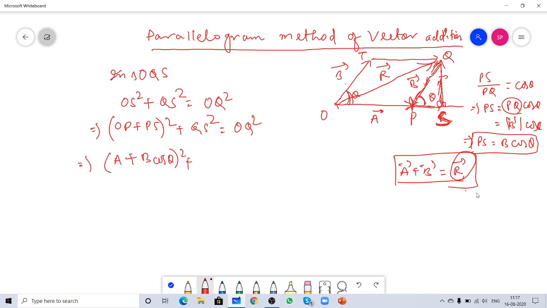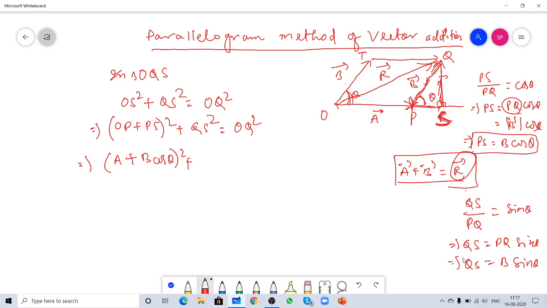What is QS? This is a right angle triangle PQS. In this right angle triangle, can I write QS by PQ is equal to sine theta, P by H. This is perpendicular, this is hypotenuse. So I can write QS is equal to PQ sine theta, and PQ is B, so QS is B sine theta.